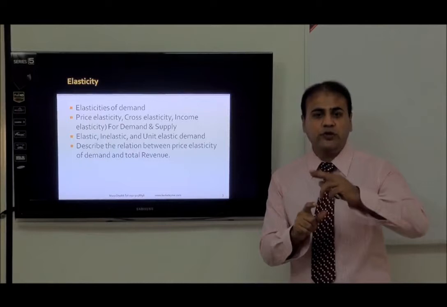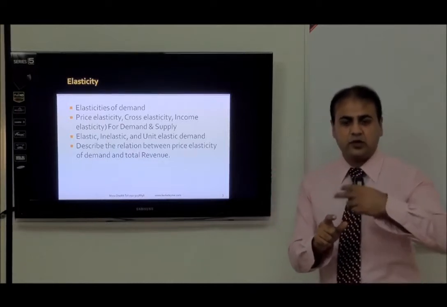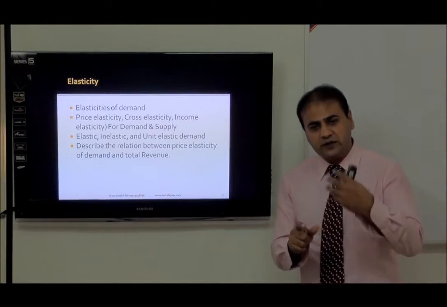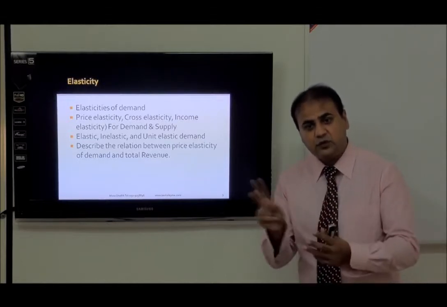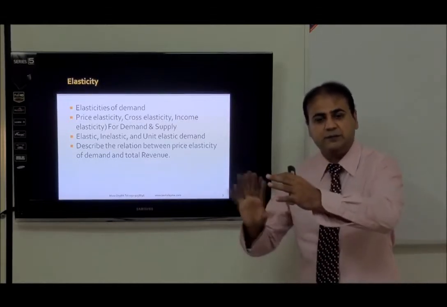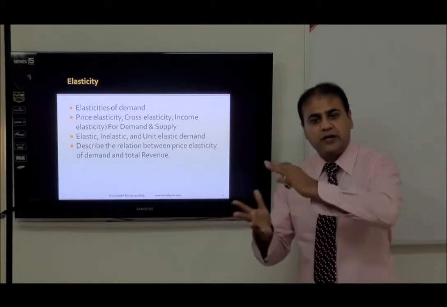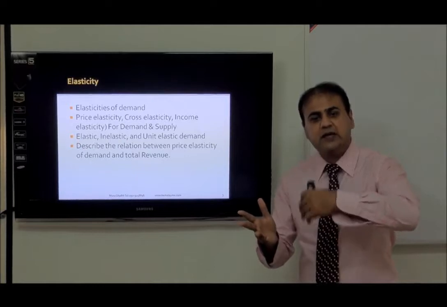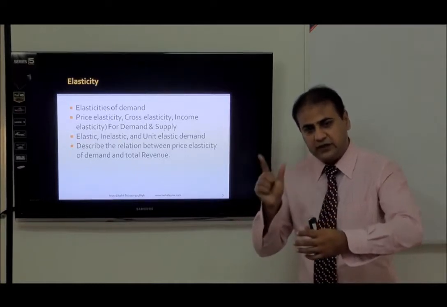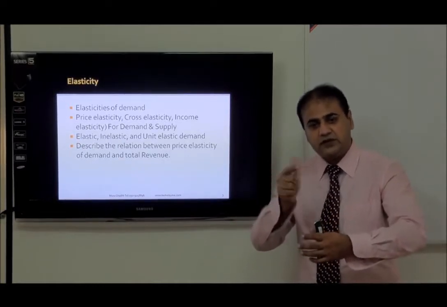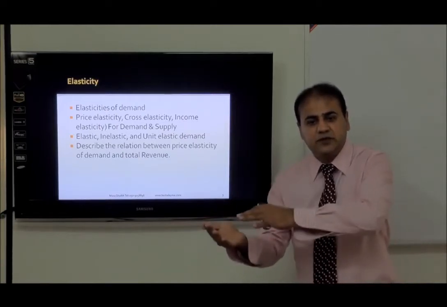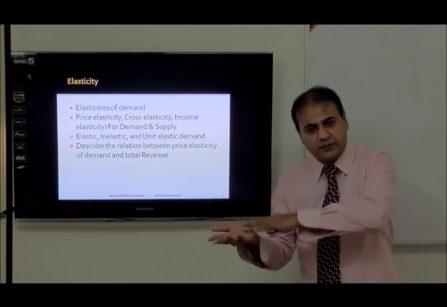Elasticity is the degree of responsiveness between two variables. If we are talking about demand elasticity, we are talking about the degree of responsiveness between two variables, one is demand, one is price. This is called price elasticity of demand. In the same way, if we are talking about income elasticity, the definition remains the same: the degree of responsiveness of quantity demanded in comparison with income. So this is income elasticity.